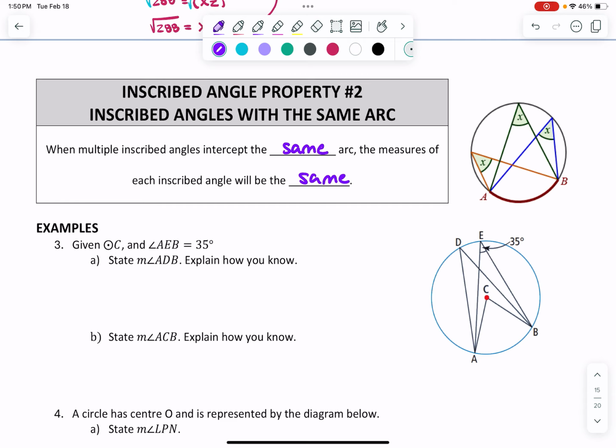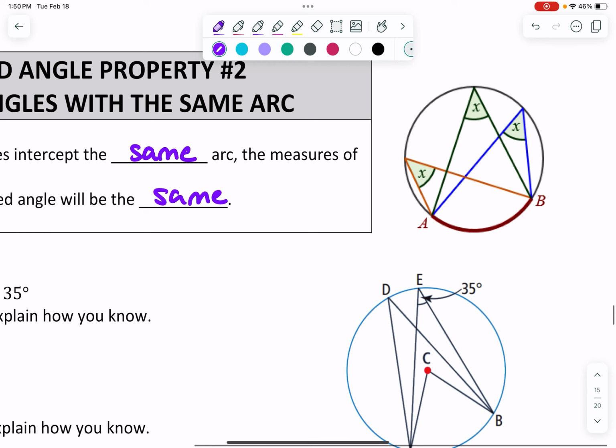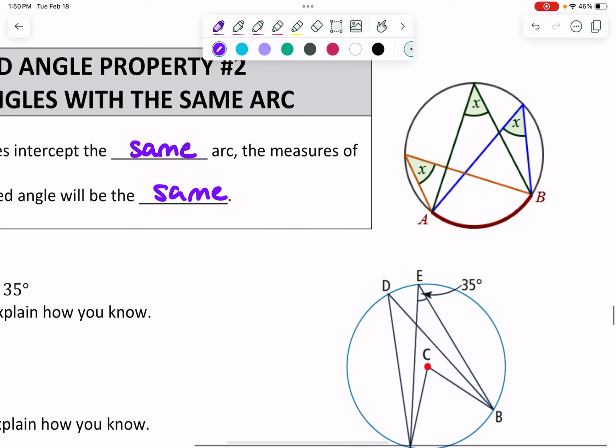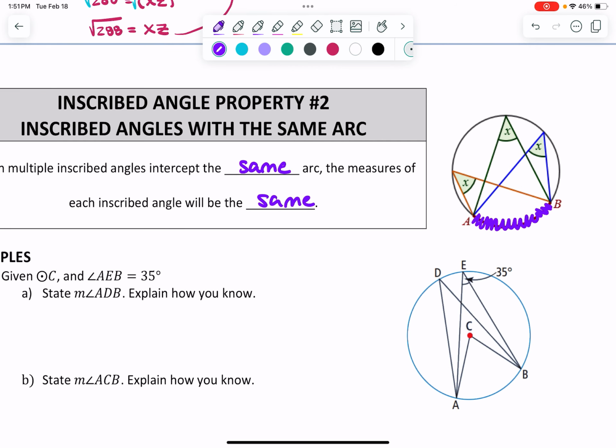So when I look at the diagram to the right, I have 3 inscribed angles. This orange guy, the green guy, and the blue guy. And they all intercept minor arc AB. Which means if I know the value of one of those inscribed angles, I know the value of all of the inscribed angles. They will all be the same. The measure of the 3 inscribed angles, or 4 or 5, however many I have, will be equal.